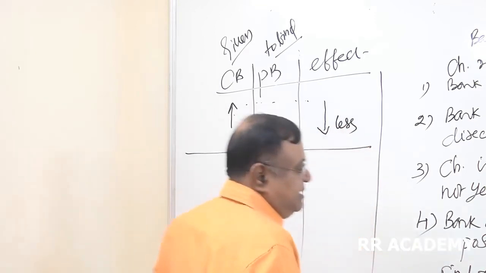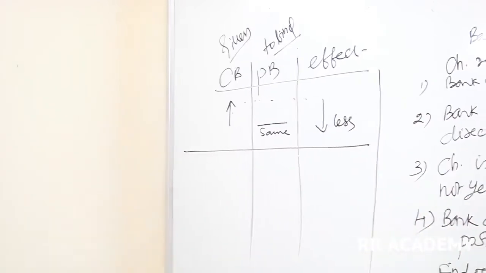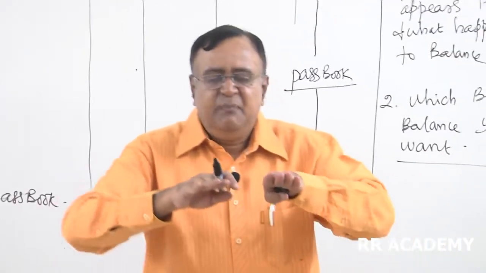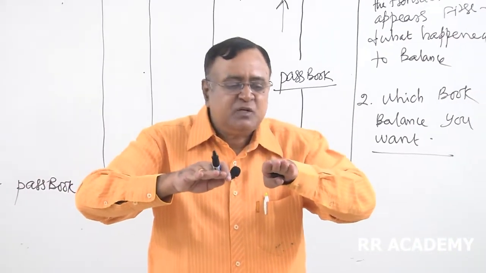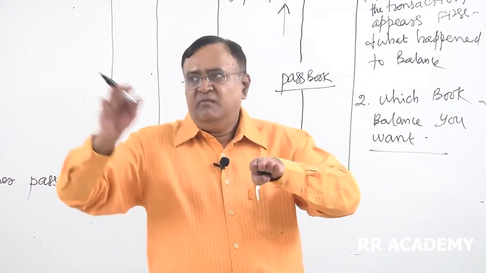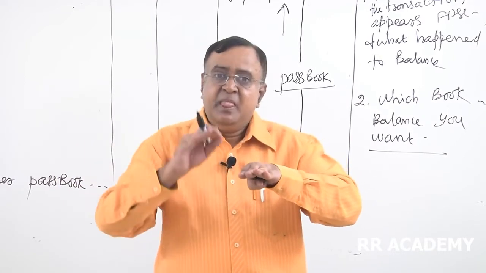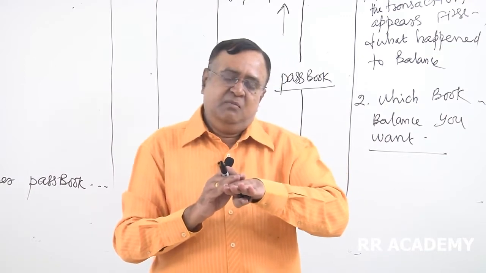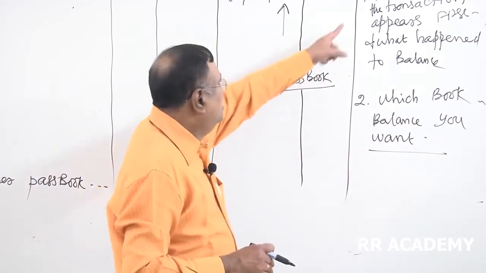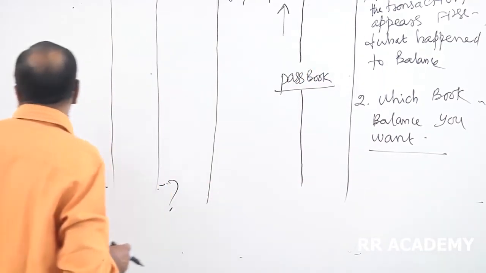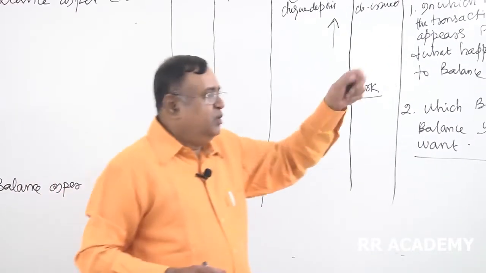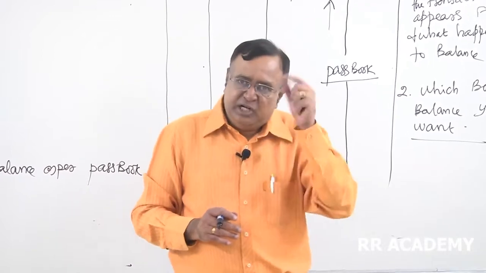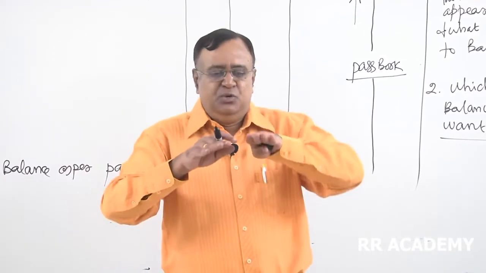This is one method. Again, let me explain. Cash book, passbook. When a check is received, it will be entered first in the cash book, because two items are entered in the cash book first: check received and check issued.